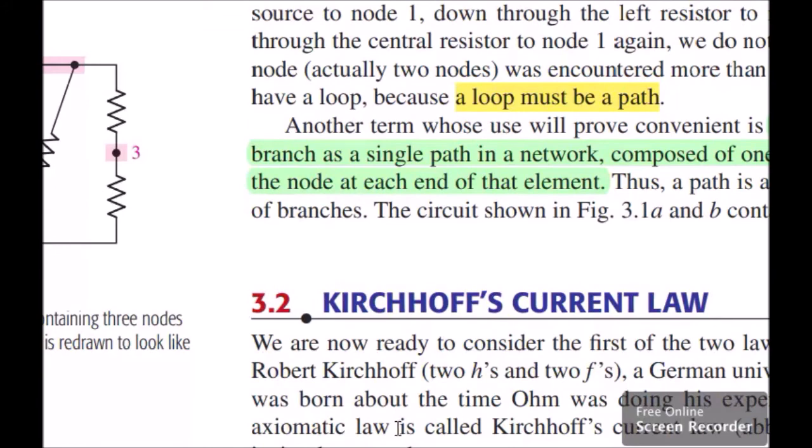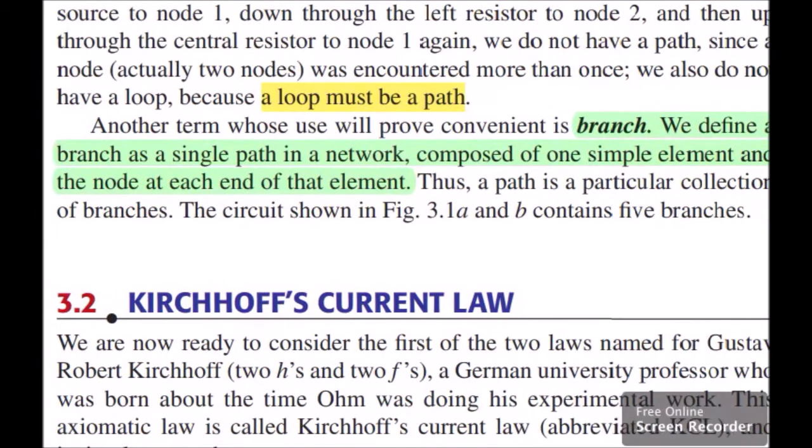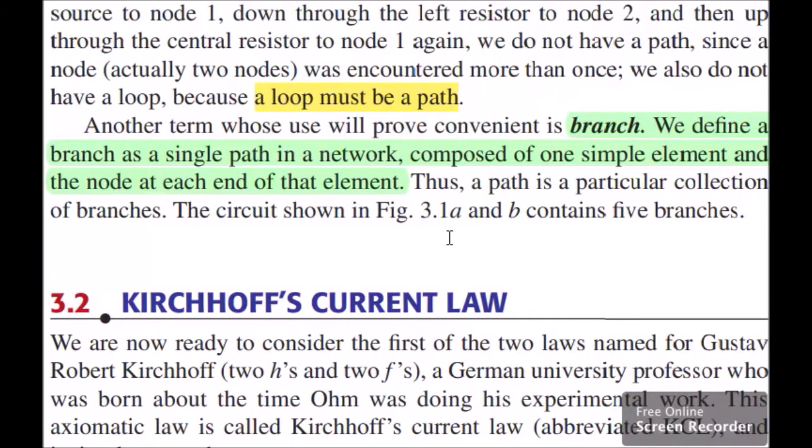Now, another term is called the branch. We define a branch as a single path in a network. It is still a path, but single, composed of just one simple element and a node at each end of that element.